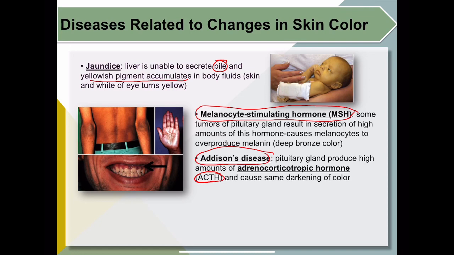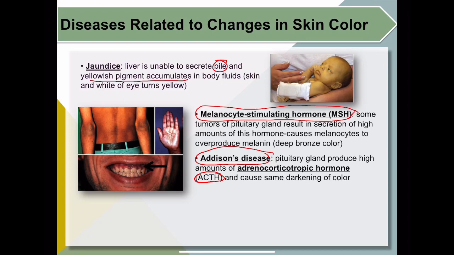But if Addison's disease causes damage of the adrenal glands, you cannot release enough cortisol, okay? But your pituitary gland, all it sees is, well, there's no cortisol. So I gotta tell the endocrine system to keep releasing more cortisol by releasing more of this ACTH hormone. So that's why it's a secondary effect of increased production of ACTH, not because the pituitary gland all of a sudden is malfunctioning.